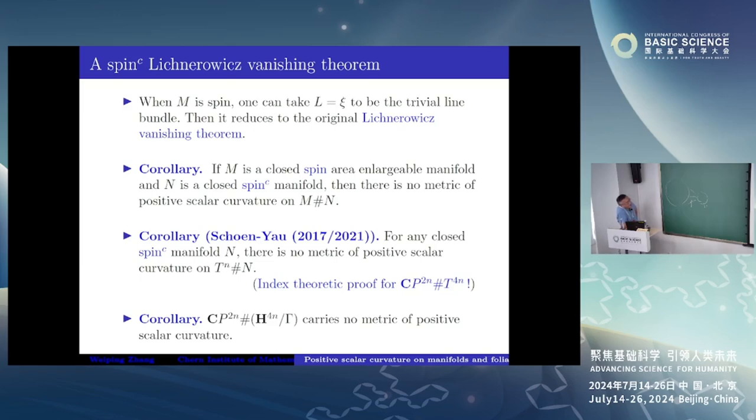Also, because area enlargeable covers a lot of other manifolds, for example closed hyperbolic manifolds are also area enlargeable, this is a kind of result for higher dimensions. This connected sum cannot carry a metric of positive scalar curvature.